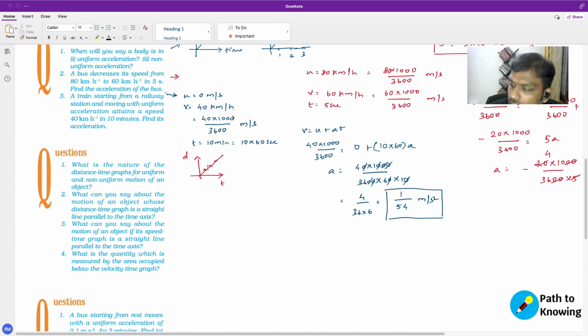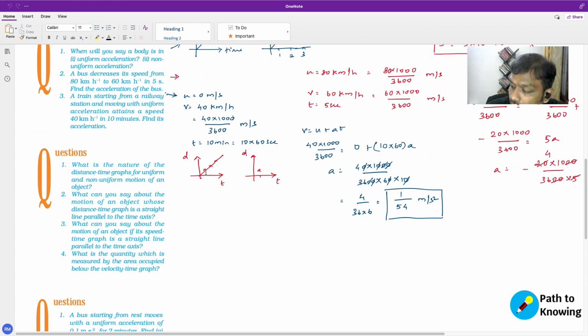Whereas when the speed is not uniform, the object is undergoing an acceleration. In that case, the distance time graph for that object will look slightly different, in that for every unit time it will cover a higher distance, or the distance covered will not be equal for every unit of time.